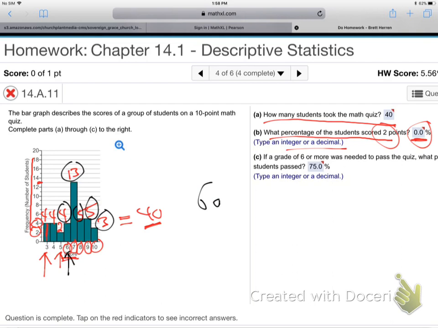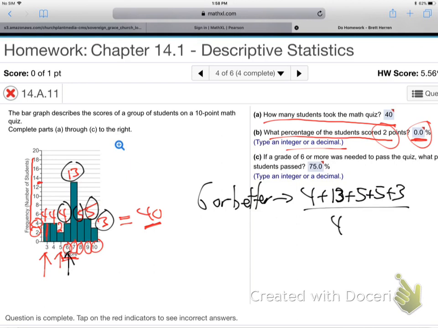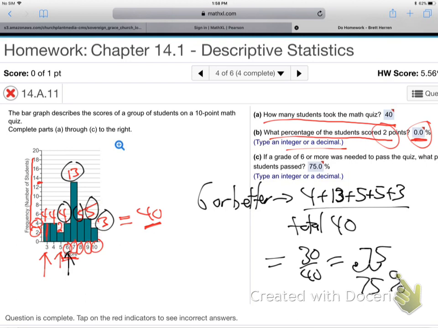That's 4 plus 13 plus 5 plus 5 plus 3 over the total. Total's 40. We already know 40 people total took the quiz. So that's 17, 27, 30 out of 40. Divide in your calculator, 0.75, move the decimal 2 places, 75%.